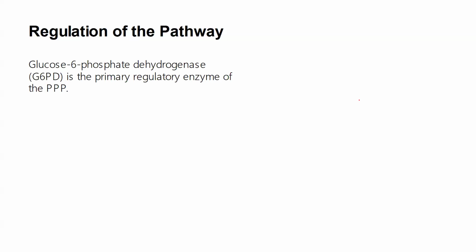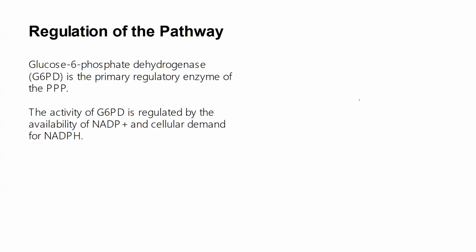So what is the regulation of the pathway? What is the regulation of the pentose phosphate pathway? Glucose 6-phosphate dehydrogenase is the primary regulatory enzyme of the pentose phosphate pathway, and the activity of this enzyme is regulated by availability of NADPH and cellular demand for NADPH.